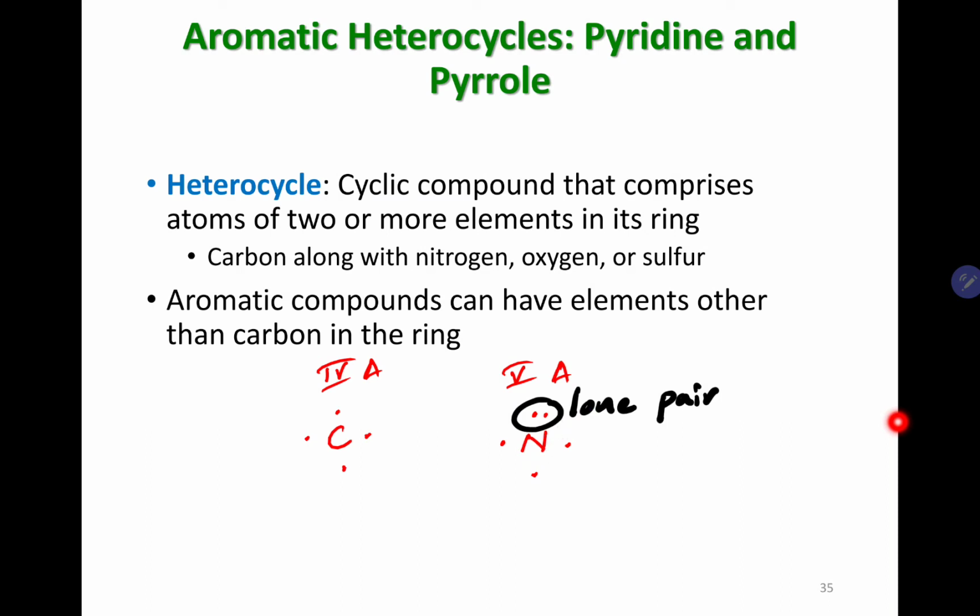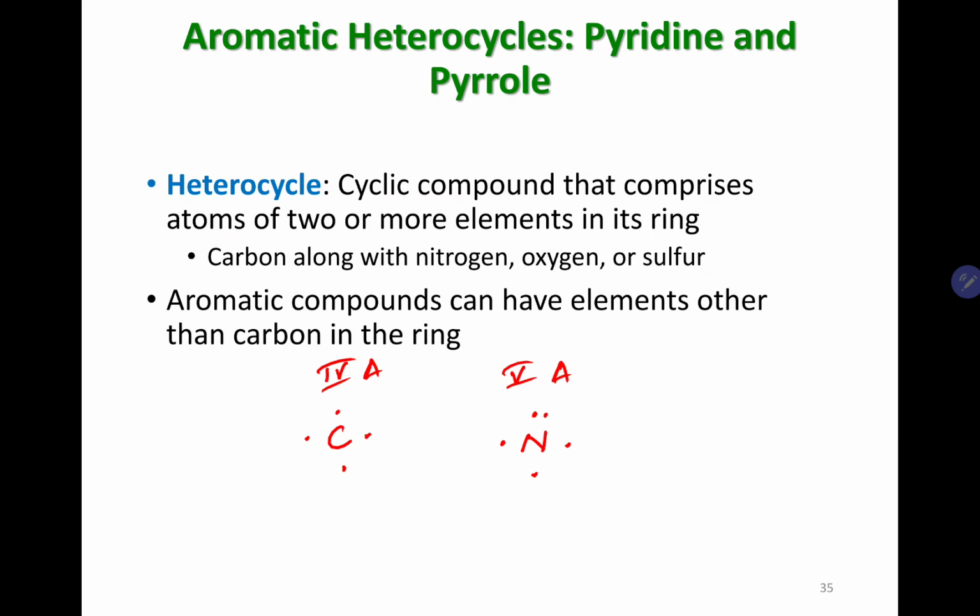So a carbon hydrogen bond can easily be replaced by the nitrogen lone pair. If your brain can substitute carbons and hydrogens in an aromatic ring with a nitrogen, then that is all you need to know.